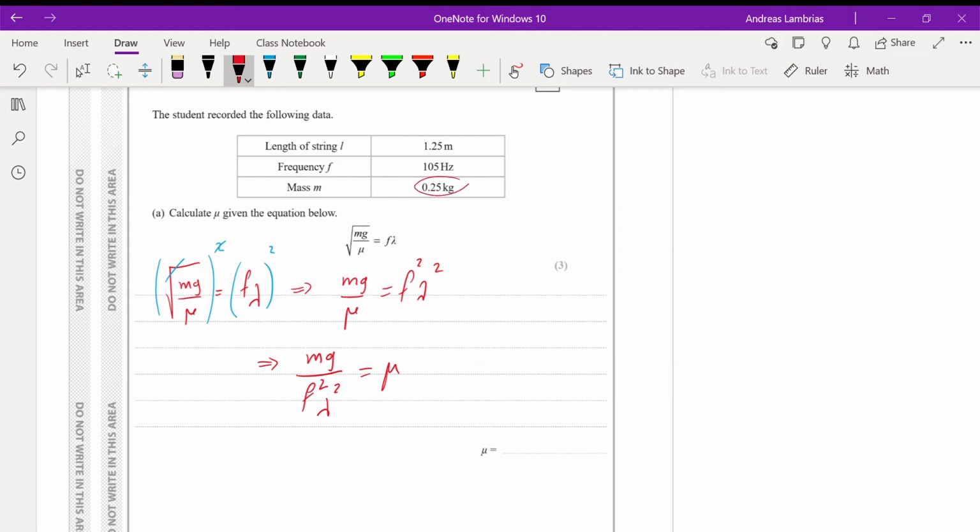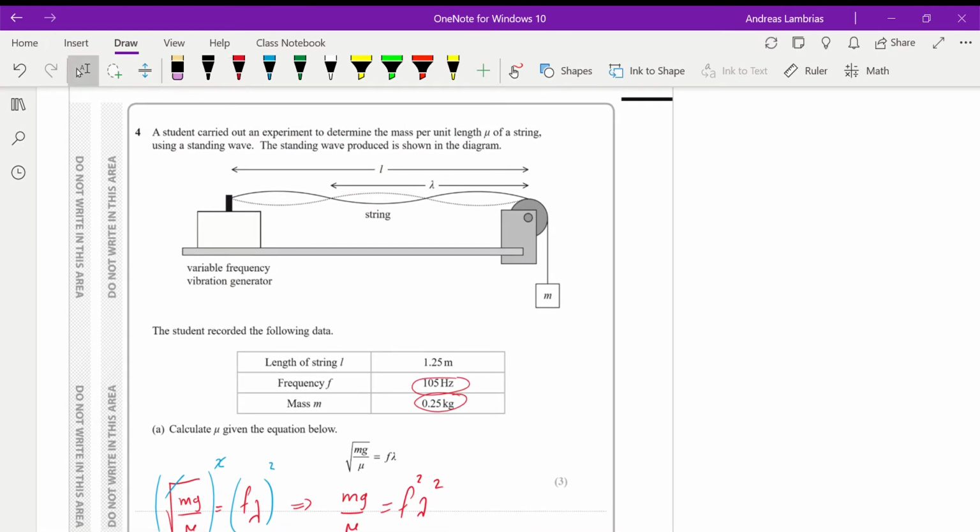So mass is given as 0.25 times g. We know g is 9.81, it is on the datasheet of the paper, and we divide that by the frequency, which is 105, squared, times the wavelength squared. Now, we're going to find the wavelength from the diagram. It gives us the whole length of the string, but you can see that the wavelength is only that part, which is 2/3 of the string.